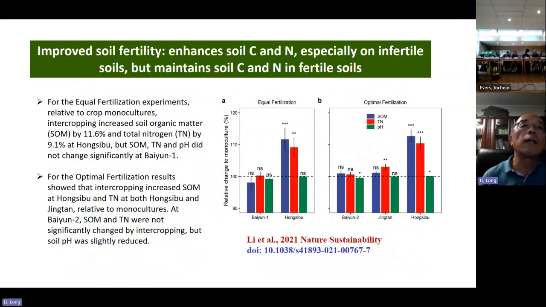We also found that in fertile soil, nitrogen and carbon are maintained in intercropping compared to monoculture, but in poor soil, for example newly reclaimed desert soil, the carbon and nitrogen in soil in intercropping is higher than monoculture.